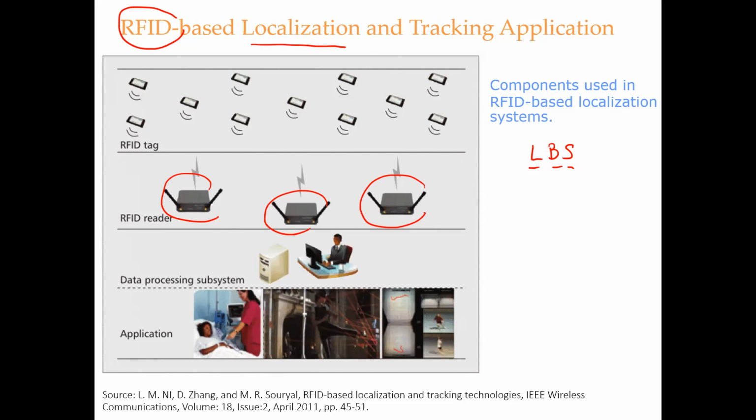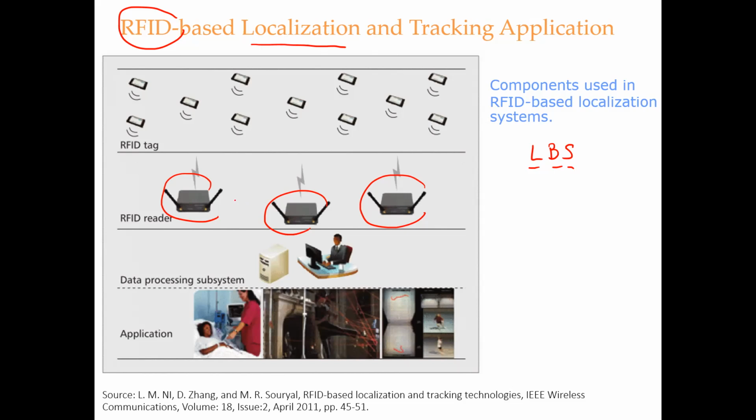If you want to use RFID to detect your location, you may install RFID readers, for example in the corridor, left, right, and also in between, in front of the lift. Then you have the tag with you. If you go very close to the left side corridor, you can have an application that shows and navigates where you are, something like that.